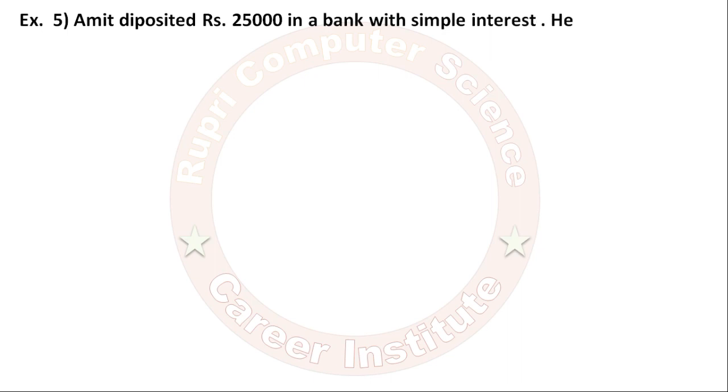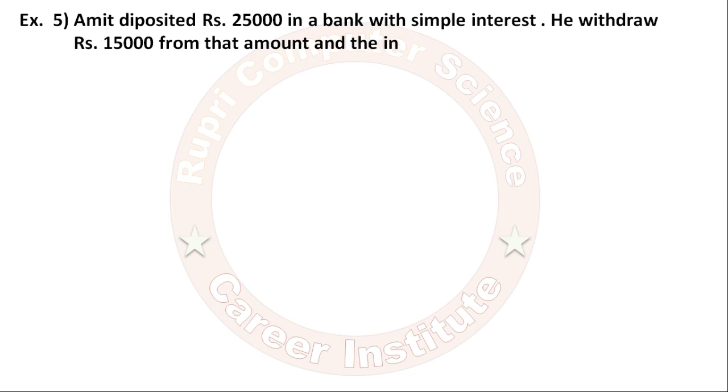Amit deposited rupees 25,000 in a bank with simple interest. He withdrew rupees 15,000 from that amount and interest as well after 3 years.